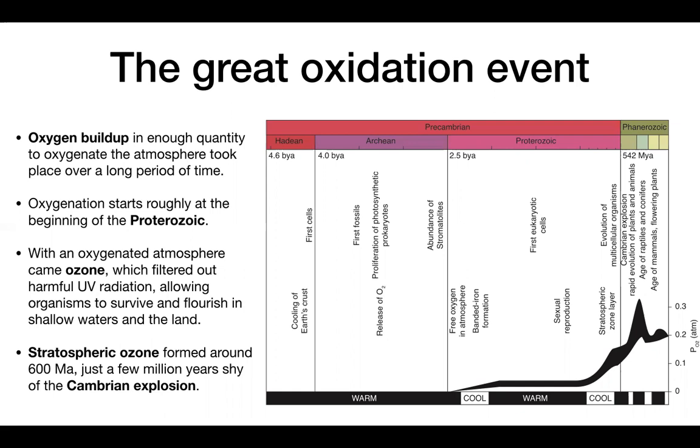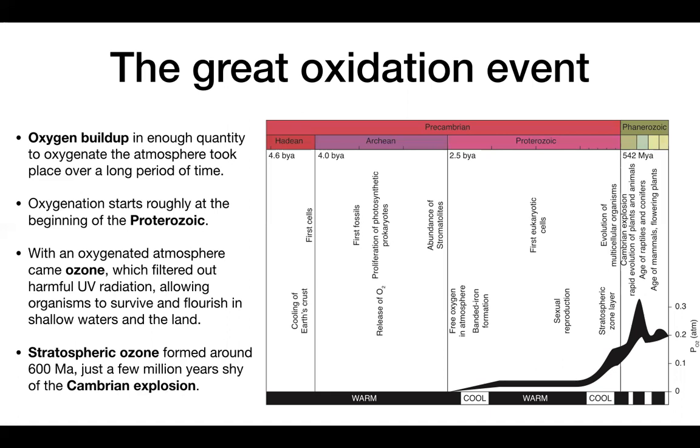It took about 2 billion years for Earth's oxygen sinks to be filled. And during this entire time, almost half of Earth history, the prokaryotes had the world to themselves. Eventually, an oxygenated atmosphere started to form, the so-called Great Oxidation Event.